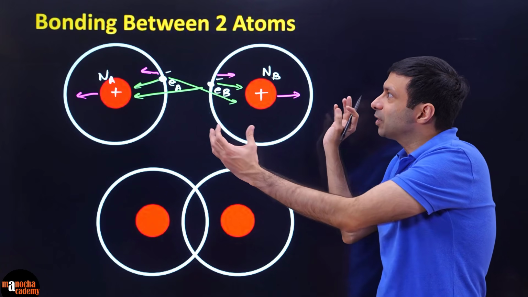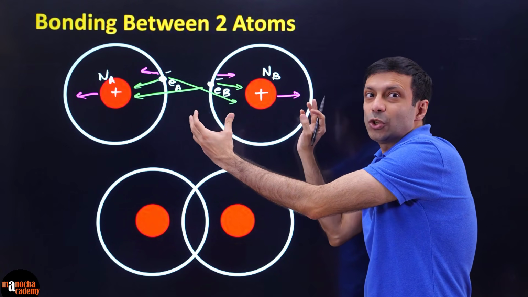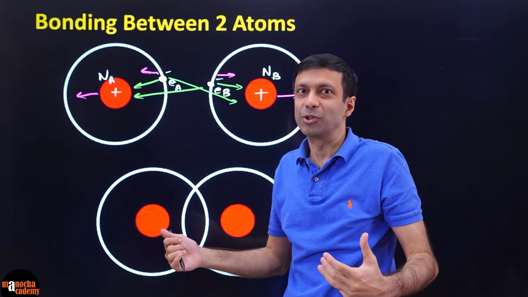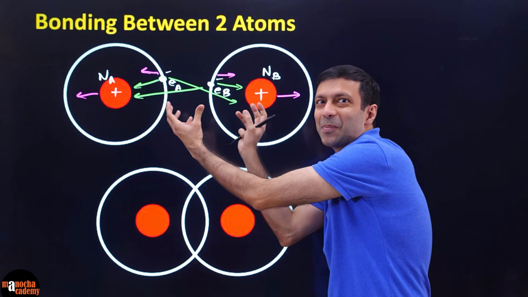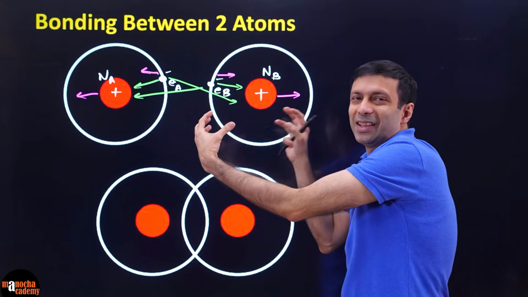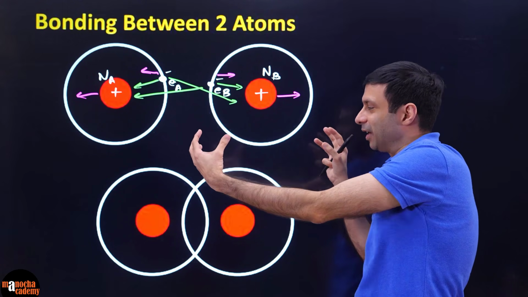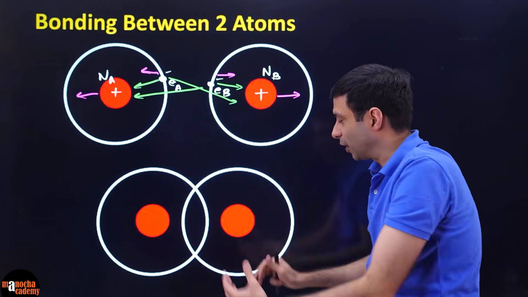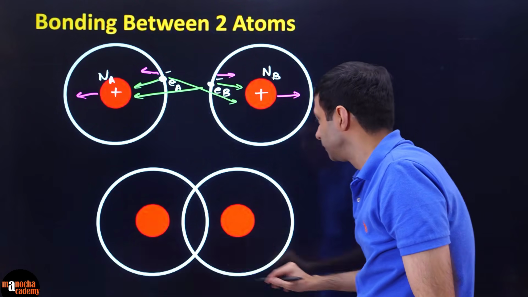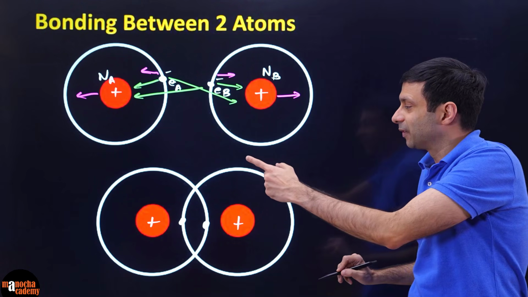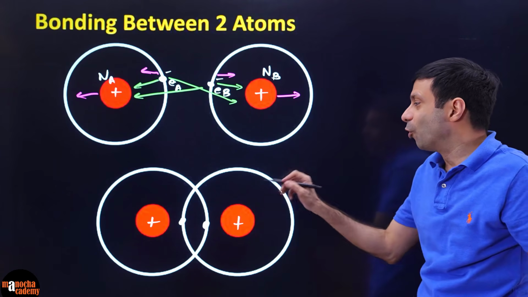Now, when the atoms are far away, actually the attractive forces are stronger than the repulsive forces. That is why the two atoms are coming closer to each other, because the force of attraction is more than the force of repulsion. And like this, when they keep coming close to each other, a time will come when the force of attraction is equal to the force of repulsion.